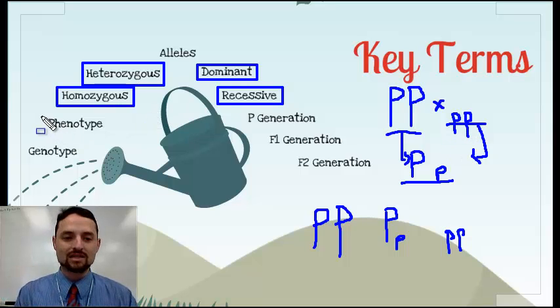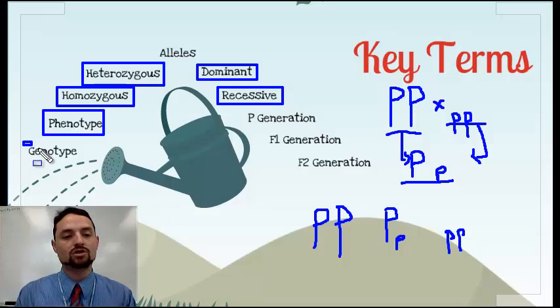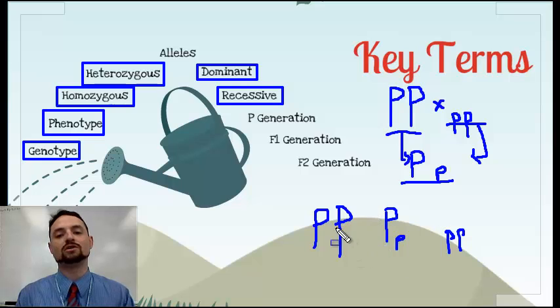The last thing to understand is the difference between phenotype and genotype. Phenotype is when we talk about really what Gregor Mendel looked at. He looked at the color, purple and white, or you can think of it as a picture. That's its phenotype. So if I'm describing what it looks like, I'm describing to you its phenotype. If we go with genotype, now we're describing what you actually see over here on the screen.